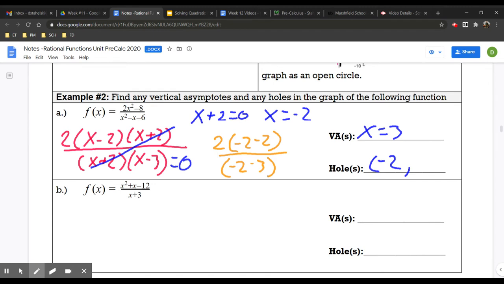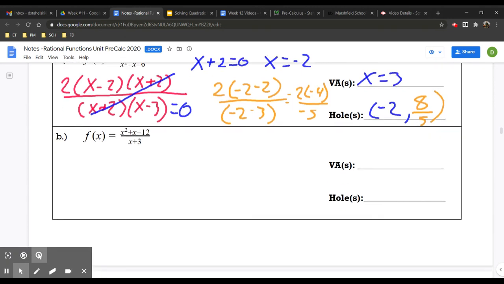Okay, so we end up with 2 times -4 all over -5. So this ends up being 8/5 is what we end up with here when we plug in that value. All right, so that ends up being that particular value.